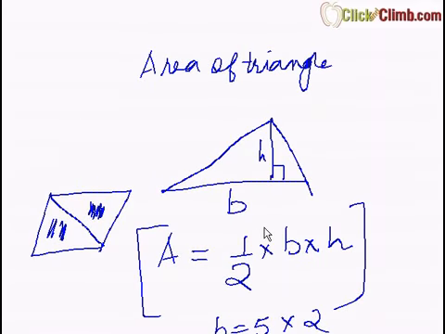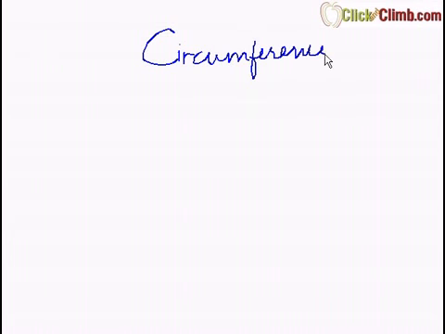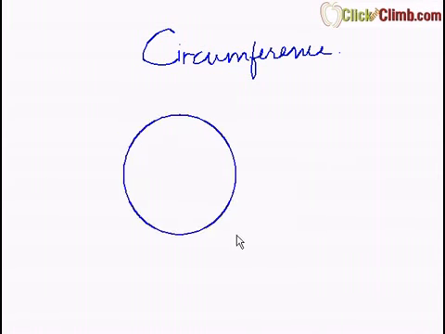The area of the circle. But before the area of the circle, we first find the circumference of a circle. Now what's the circumference of a circle? Circumference is nothing but the distance around the circle. So the distance around the circle is called the circumference. Let's take a circle like this.